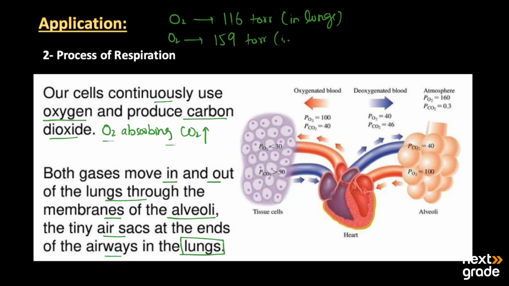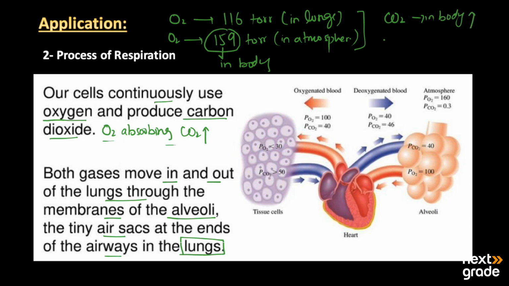Due to this difference in partial pressure, the oxygen gas moves into the body. On the other hand, the partial pressure of carbon dioxide in the body is high, and outside it is less. So that's why it moves out from the body.